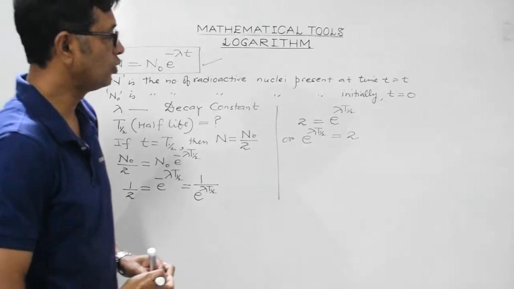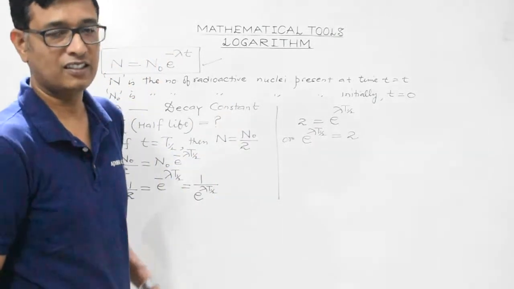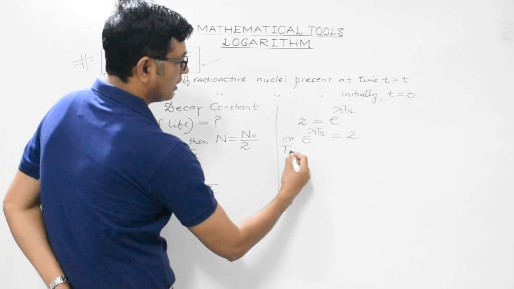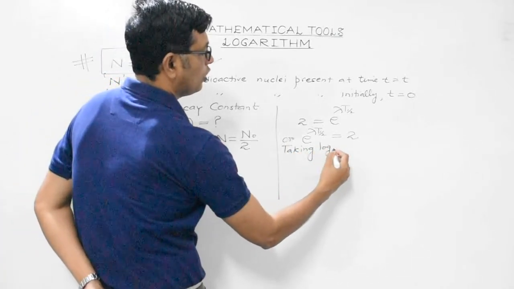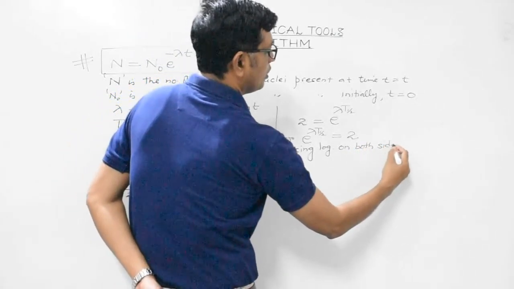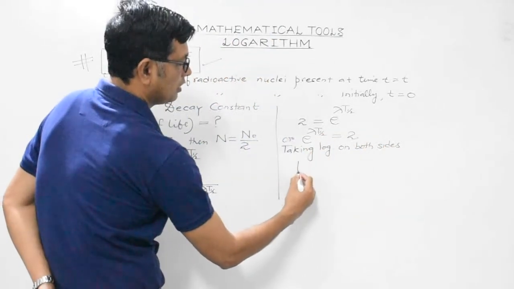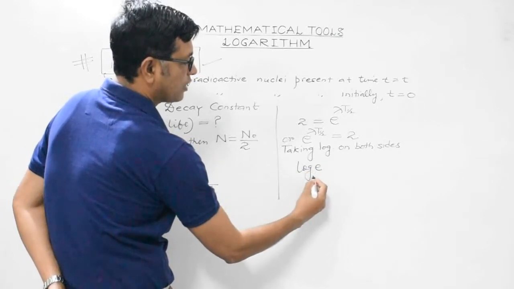Now, in order to get the expression for half-life, we take log on both sides. Suppose we consider natural log.